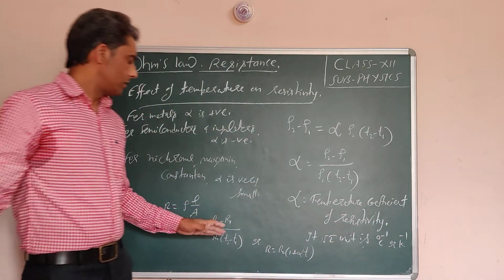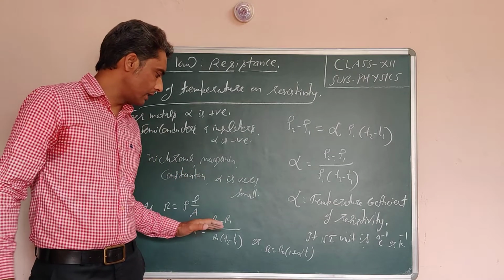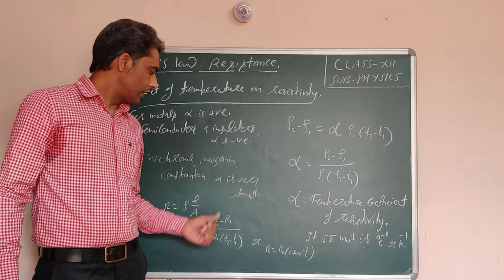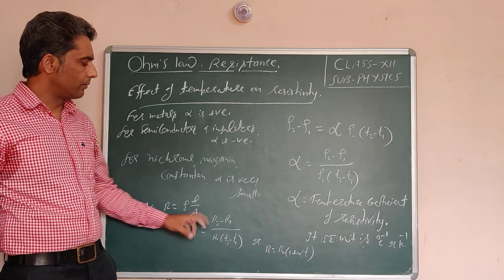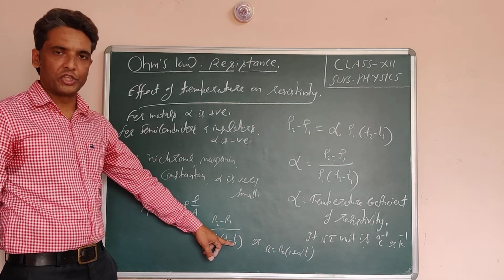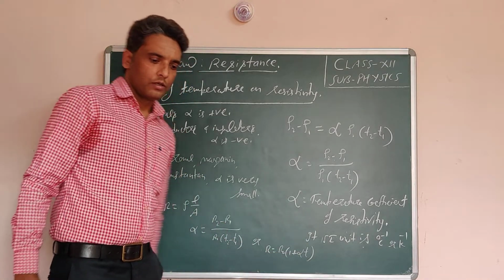We can use this formula for calculating resistance at a certain temperature when the resistance is given at some initial temperature, if we know the value of alpha.